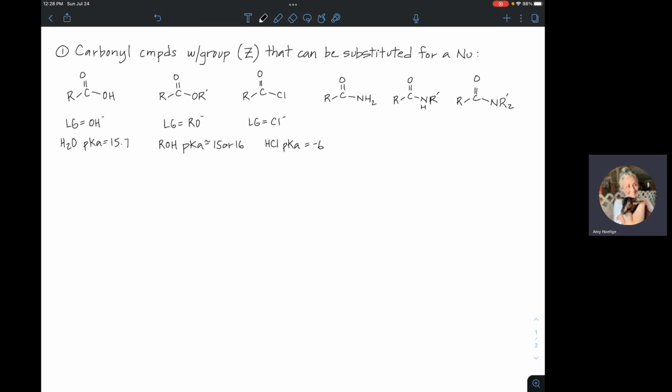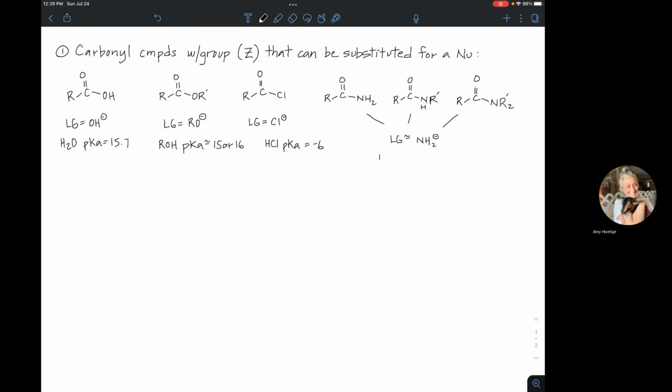So all of those are going to be amides. I'll just lump these all together and say that essentially the leaving group is some derivative of ammonia. We'll just stick to the first one there and imagine that that's leaving, right? That's a really strong base.